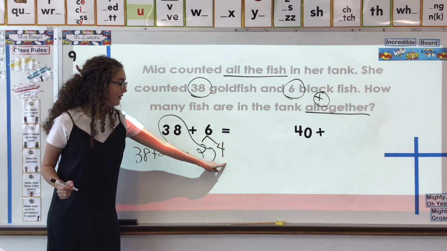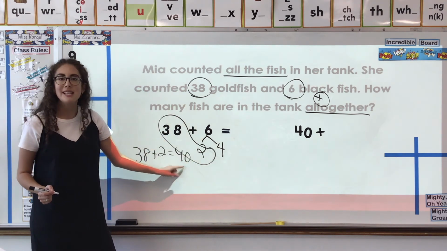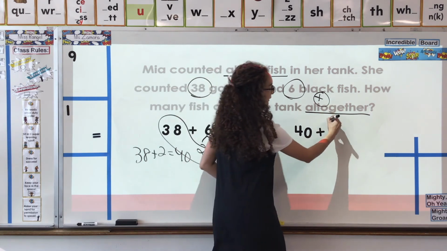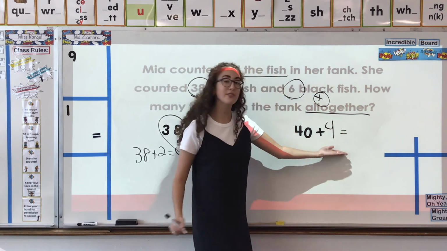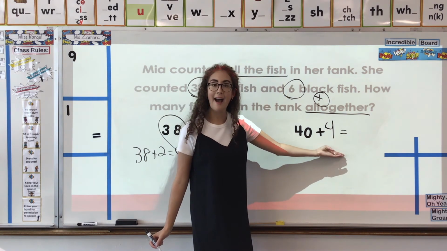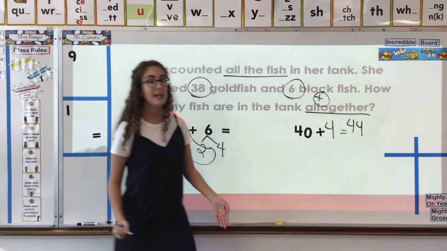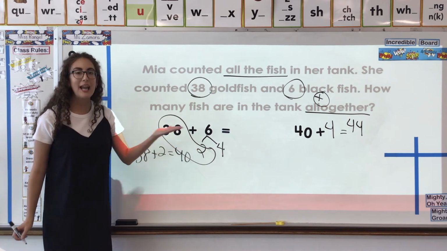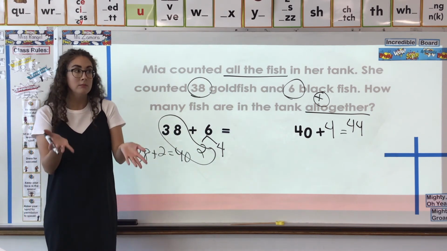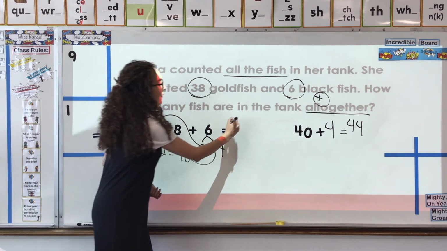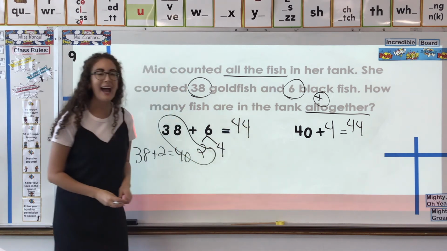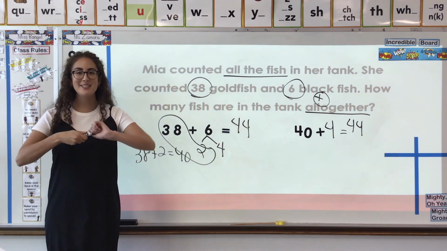So we're going to add this 4 to the 10 we already have. So 40 plus 4 equals 44. That means 38 plus 6 equals 44 as well. Good job.